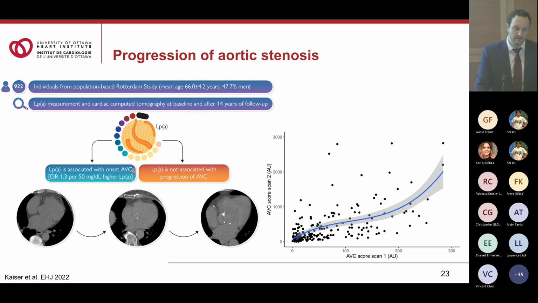So Lp(a), lipoprotein(a), would be playing a role in the initiation phase, not in the propagation phase of the disease. And they also provided further data that supports this concept of self-propagation, with the baseline aortic valve calcium score being the main determinant of progression.